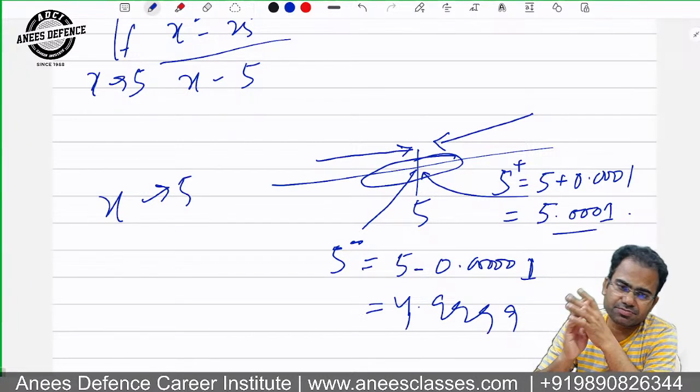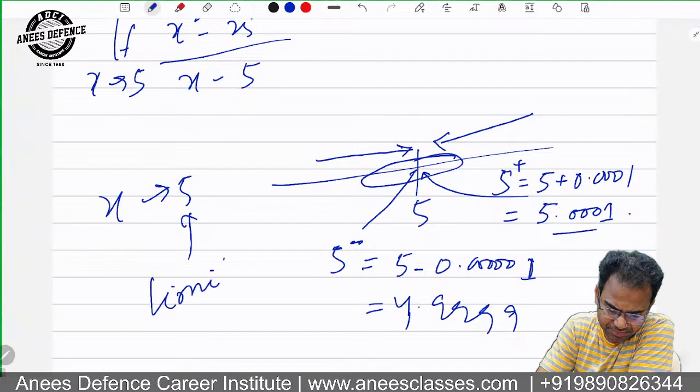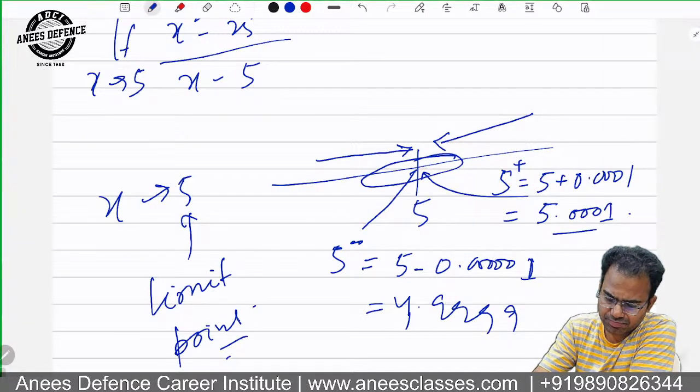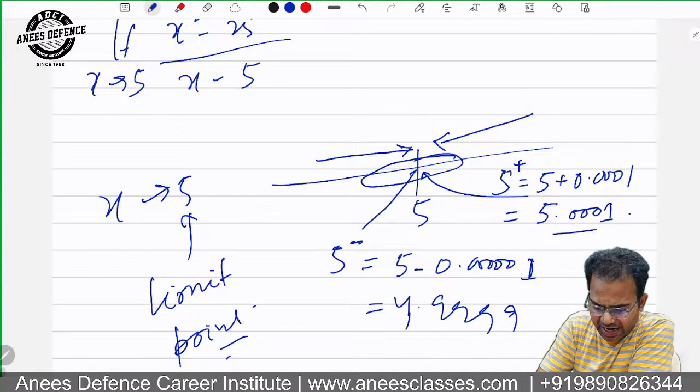Okay. So this 5 is called the limit point. Here 5 minus is called the left hand limit point.